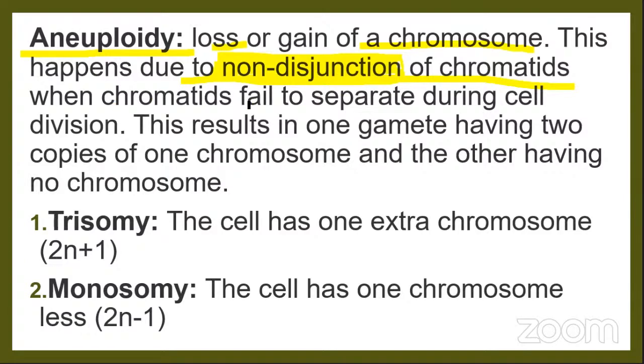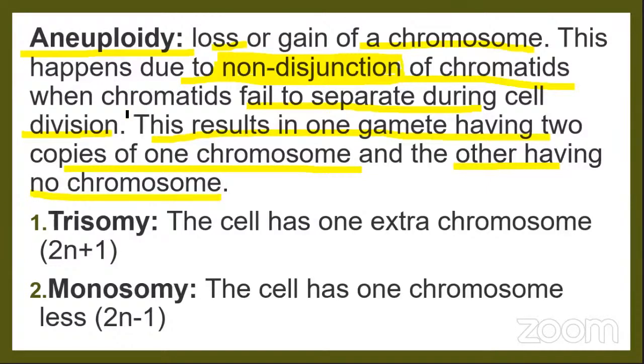When chromatids fail to separate during cell division, this condition is formed. Non-disjunction of chromatids means non-separation of the chromatids. Here the chromatids are not properly separated. This results in one gamete having 2 copies of one chromosome and the other having no chromosomes at all.